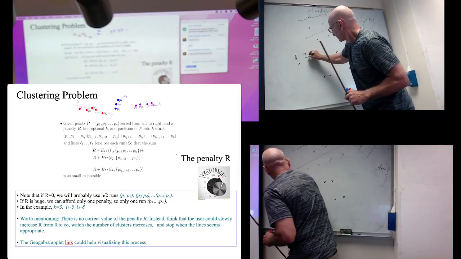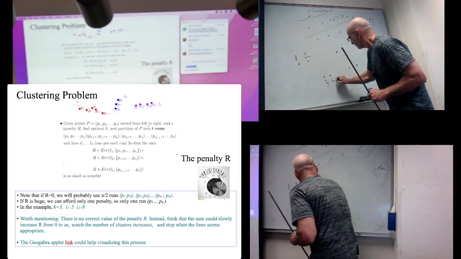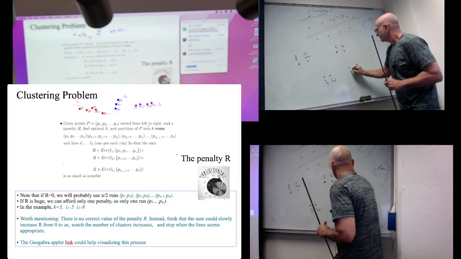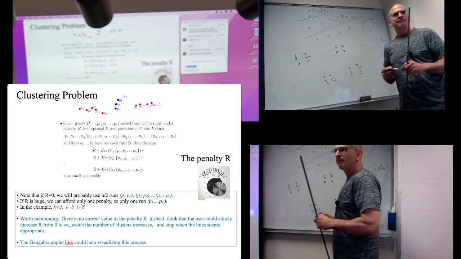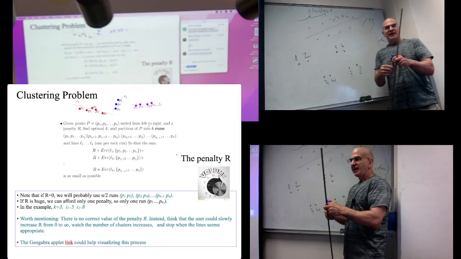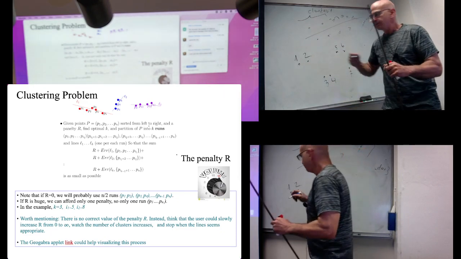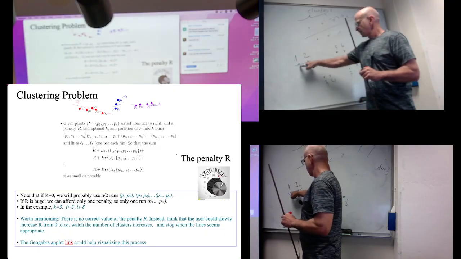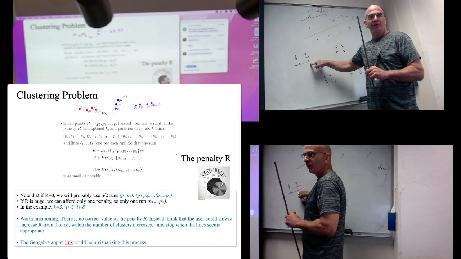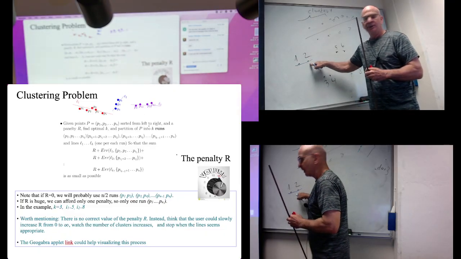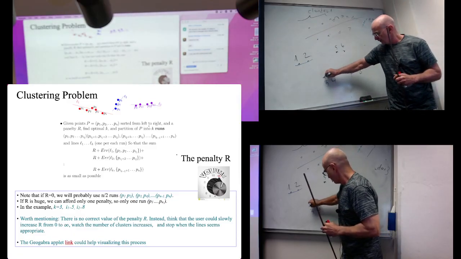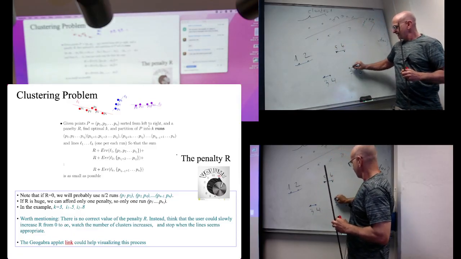For short, I'll just call them 1, 2, 3, 4, 5, 6, 7, 8. Can I find a line that fits very well points 1 and 2? Absolutely yes. You can find a line that goes through them with 0 error. I can also cluster 3 and 4, 5 and 6, 7 and 8.